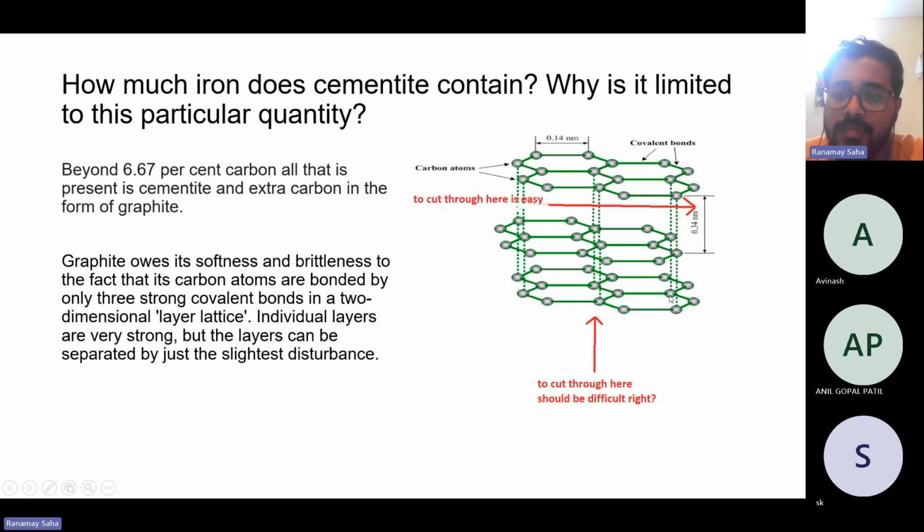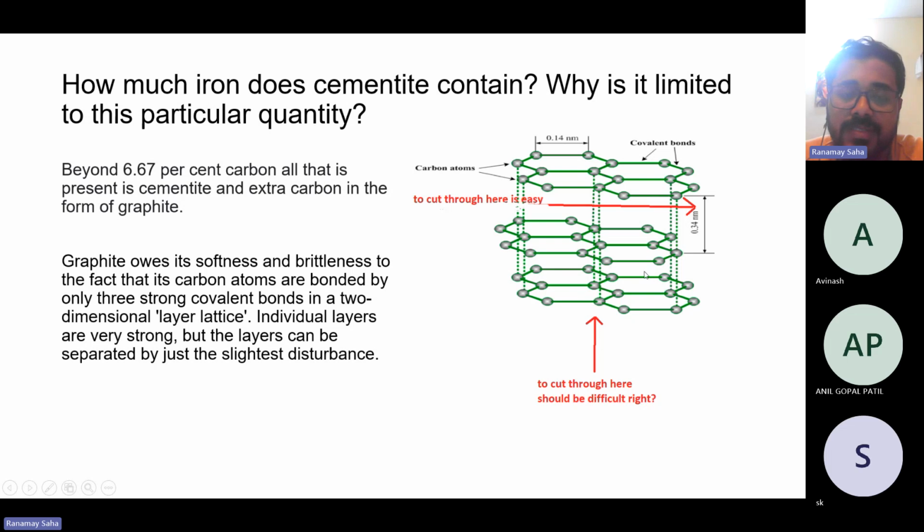But the problem comes up when we go from one layer to another. There are very weak bonds between two different layers. So individual layers are very strong, but the layers can be separated by just the slightest disturbance because there are no strong covalent bonds between two consecutive layers.